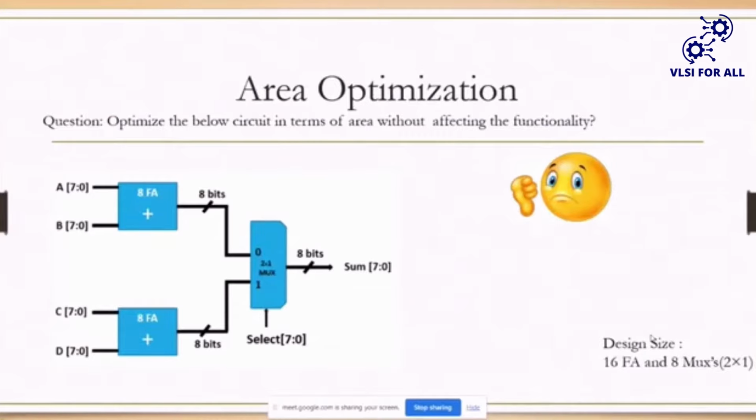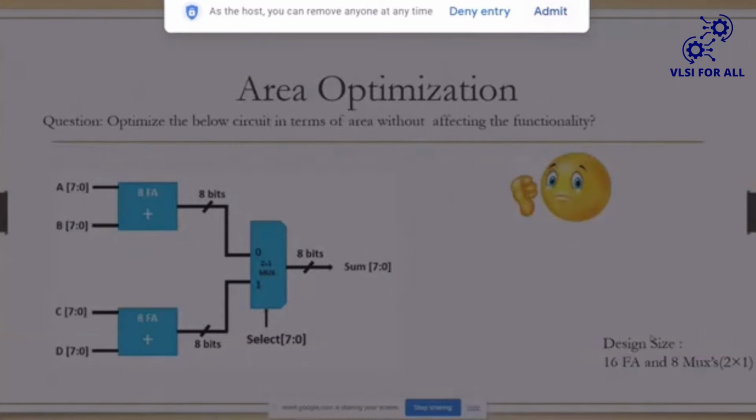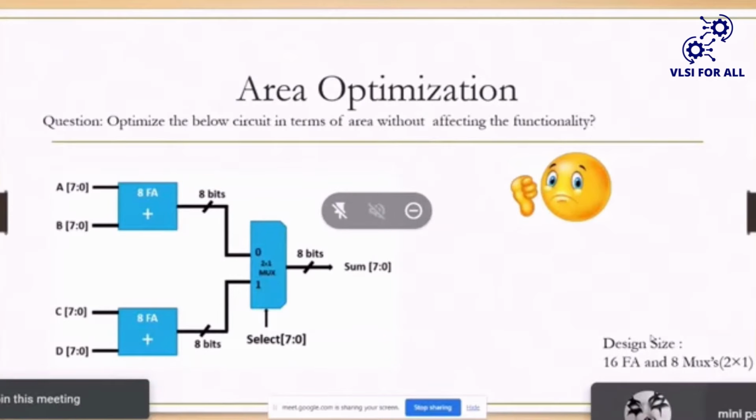Adders contain XOR gates. You know, XOR gate has more internal logic. If you ask me, AND gate, it is A into B. It is OR gate, A plus B. But whereas XOR gate, you see it is A bar B plus A B bar.